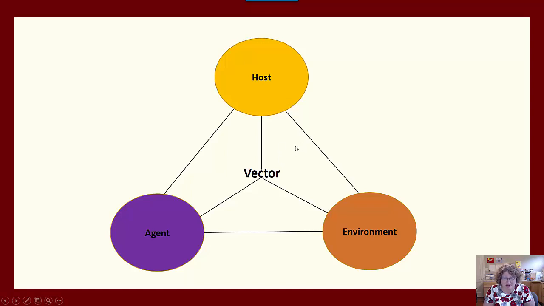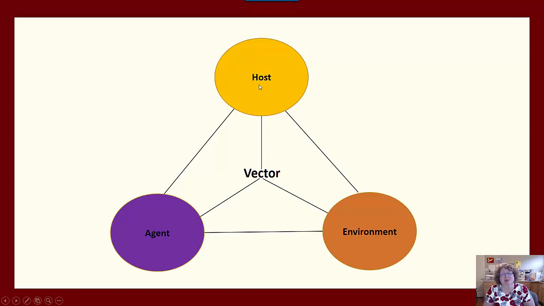So an example of an agent would be an infectious agent like influenza virus, or some type of physical agent like radiation. The host would be someone who has a genetic predisposition, or it could be an acquired condition.